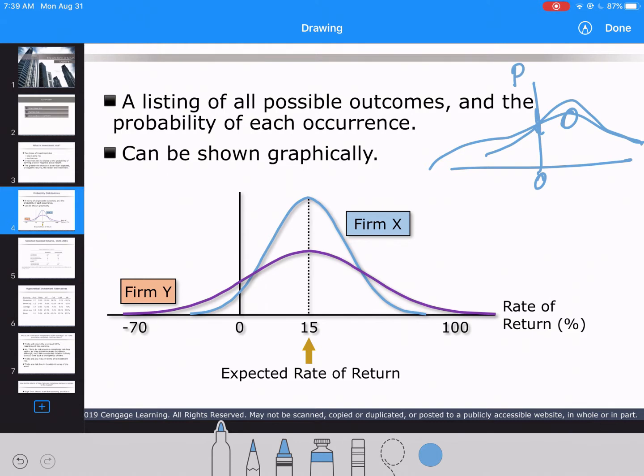This is your risk, and this is your return. So in this case, Y has lower risk than X, and so we say that riskiness can be found out by the dispersion. The purple one is highly dispersed, and this one is peaked.